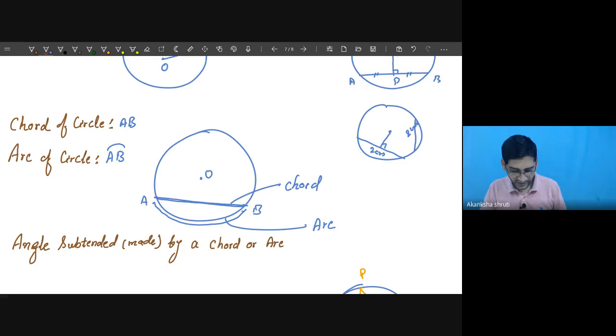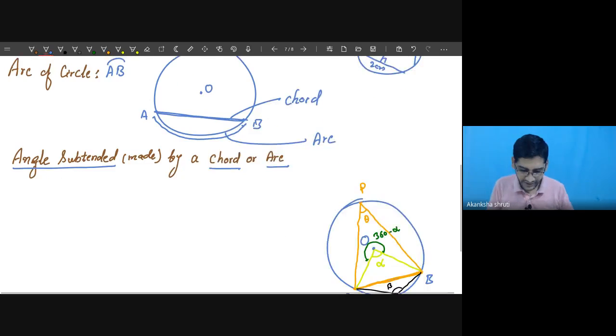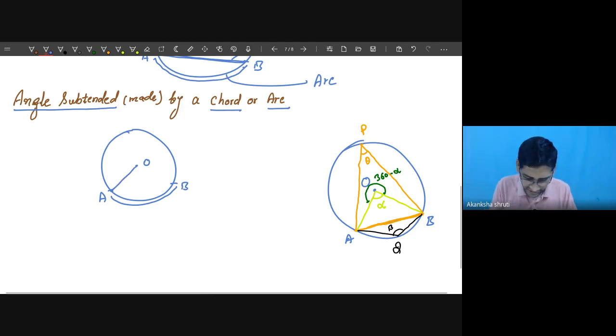Now coming to the angle subtended by a chord or arc, they mean the same thing, because students, whether we consider a circle with center O, consider an arc AB, then just by considering the arc AB, we can make the angle at the center, meaning joining A to center O and B to center O, and we have learned that this way a sector is formed if we join at the center.